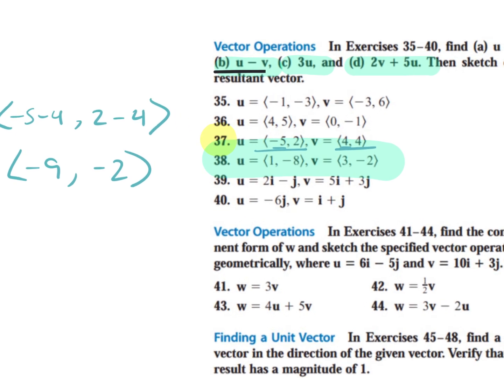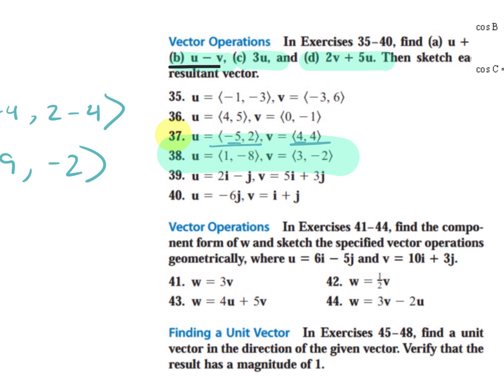Keep in mind with your vectors, it could be written as a vector in component form like this, or it could be written as -5i plus 2j. This is the same thing as saying bracket -5, 2. Or V could be written as 4i plus 4j.